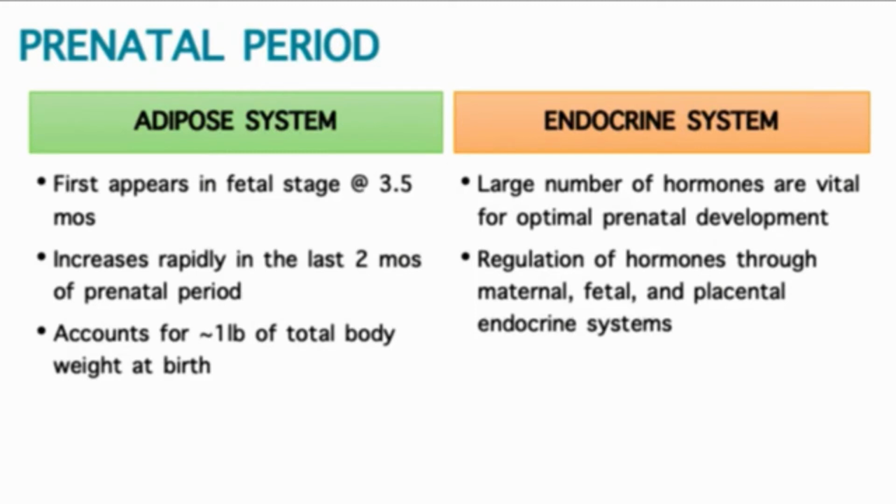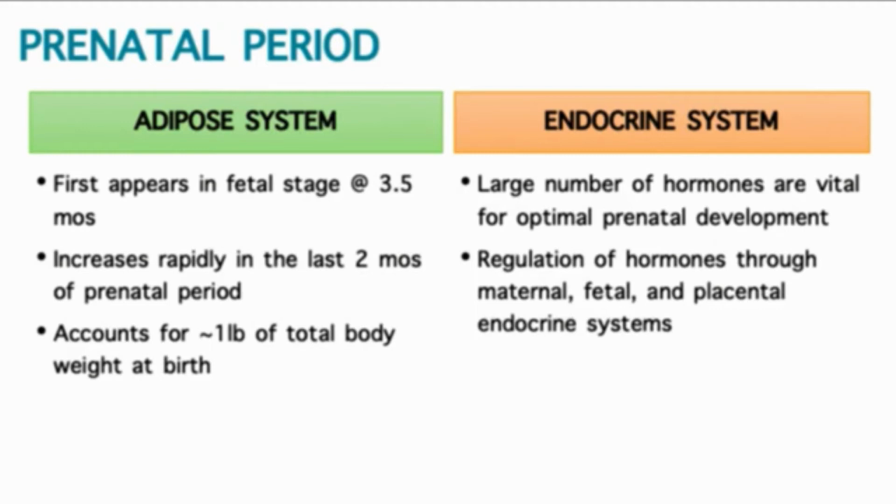So adipose tissue makes up a good chunk, and if you think about it, babies are very chubby when they're born, which adds to their appeal, but it's functional. Because they're very unstable, and we mentioned that adipose tissue has a function for protection, they have extra cushion if they need it.